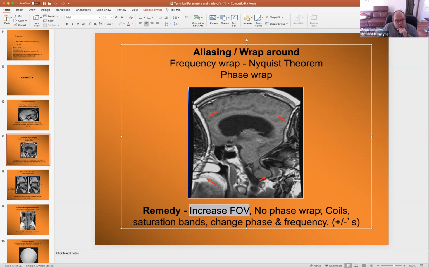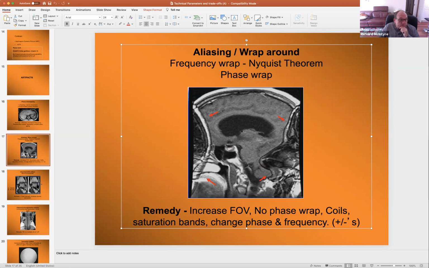And of course, we have the option of no phase wrap, which is to keep the same field of view, but increase the coverage of that sine wave. The advantage is that we're going to get increased signal, but it's also going to increase our scan time, which is a disadvantage.